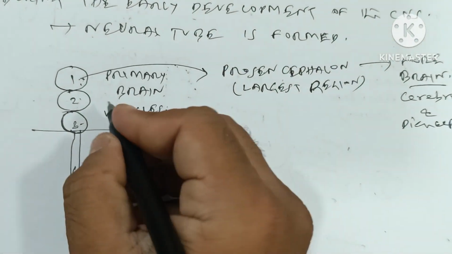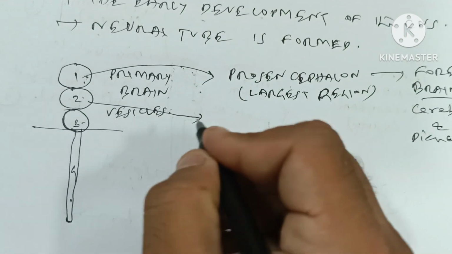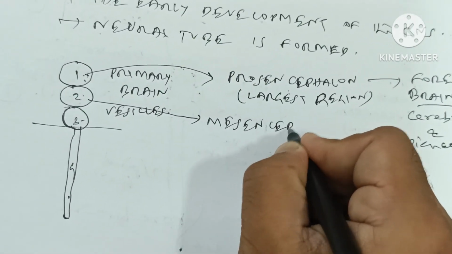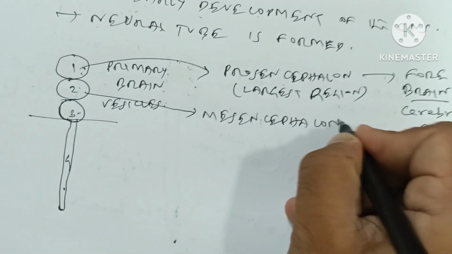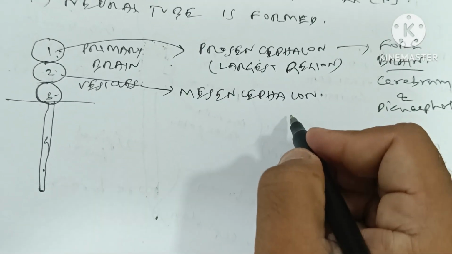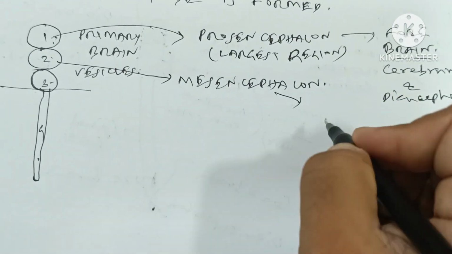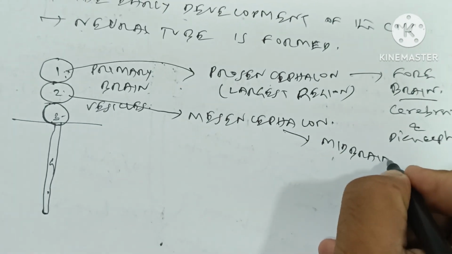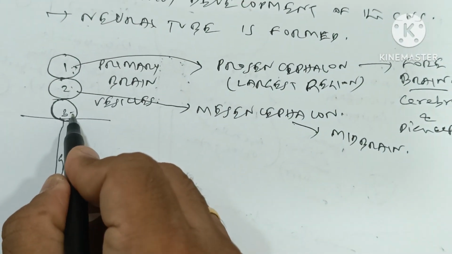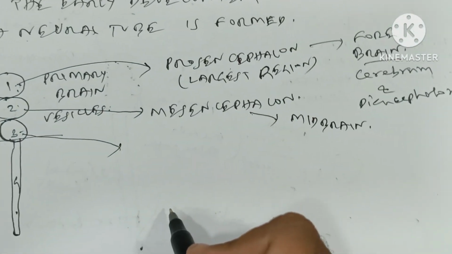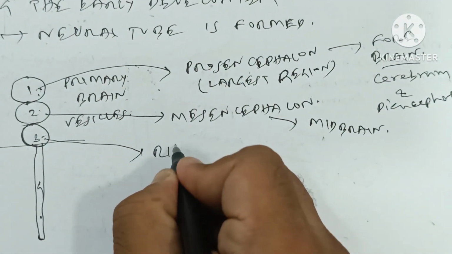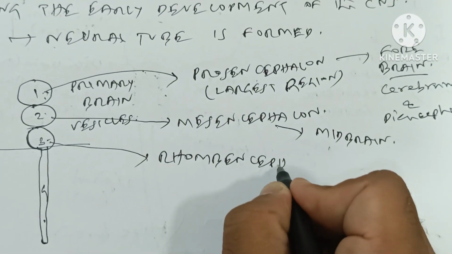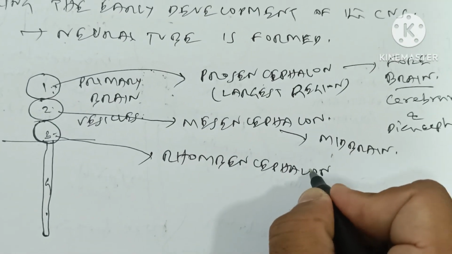The next primary brain vesicle is called the mesencephalon. This mesencephalon will later form the midbrain. And the last primary brain vesicle is called the rhombencephalon.